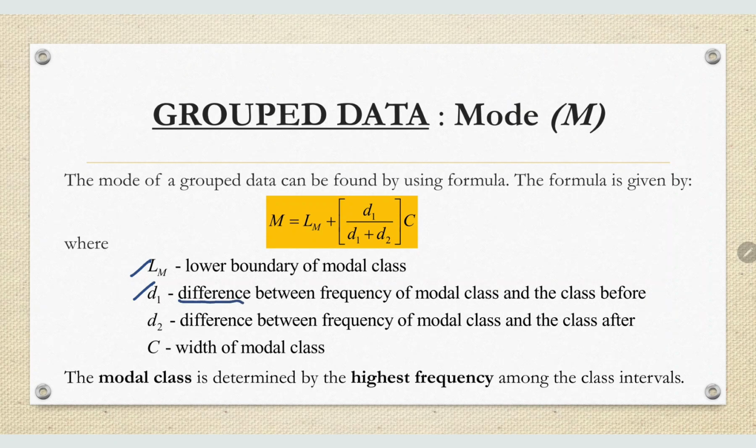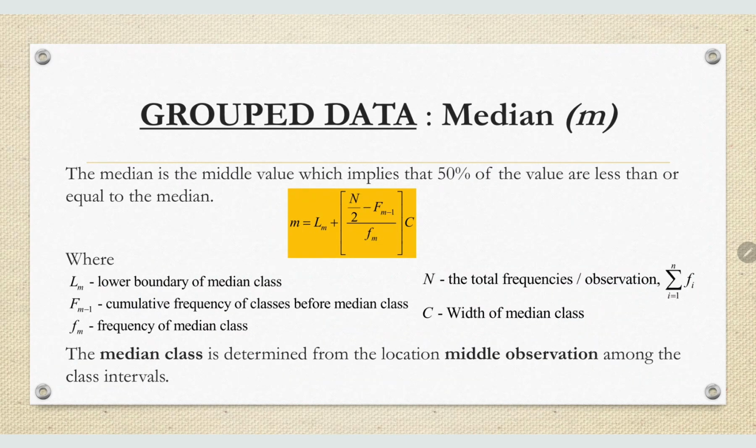D1 is the difference between the frequency of the modal class and the class before. D2 is the difference between the frequency of the modal class and the class after. C is the width of the modal class. And you must know that the modal class is determined by the highest frequency among the class intervals.